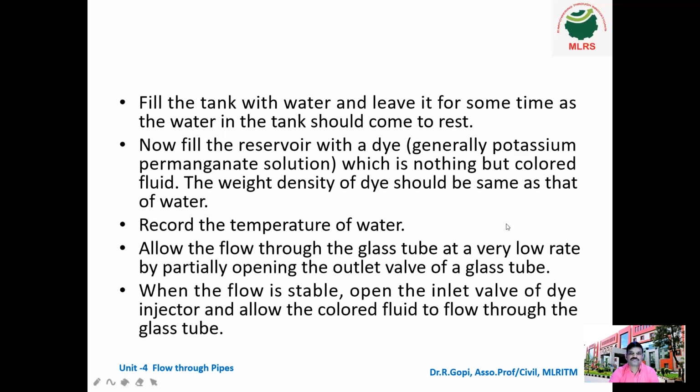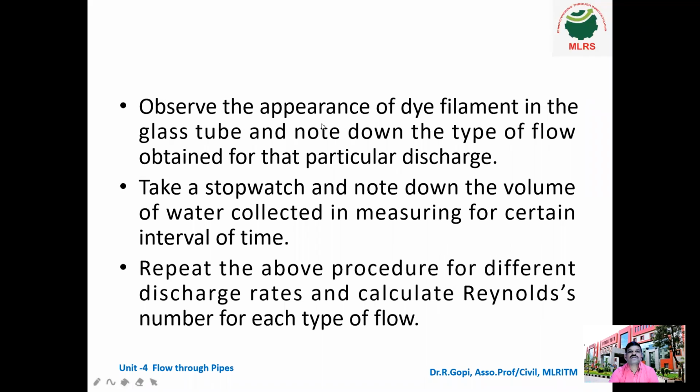Now what happened? Let us observe the appearance of the dye filament. The dye filament is visible in a clear manner in the glass tube, and note the type of flow obtained for that particular discharge.